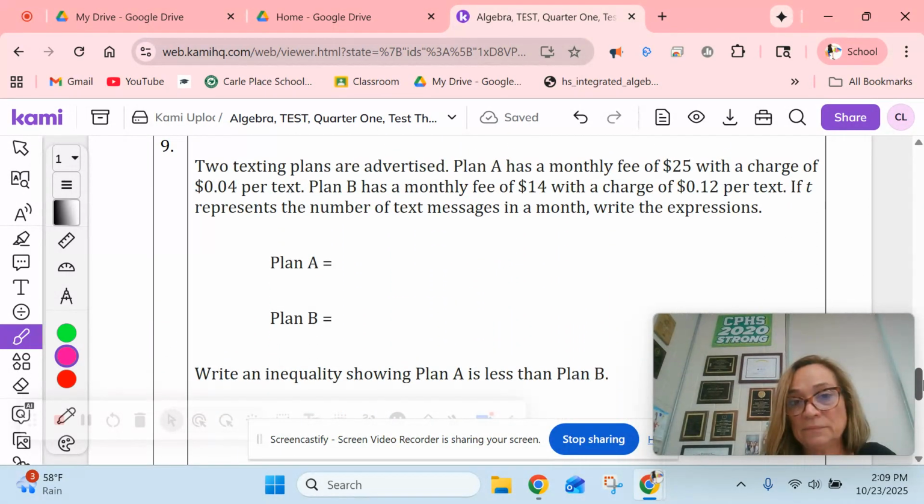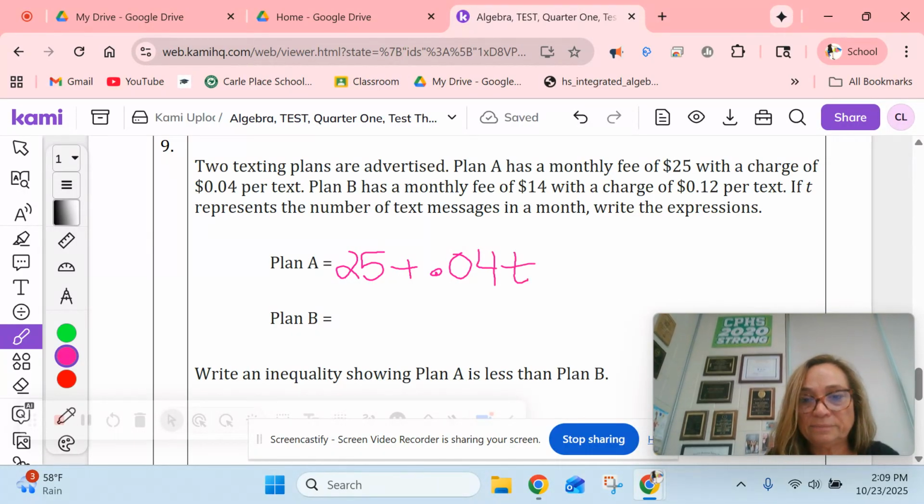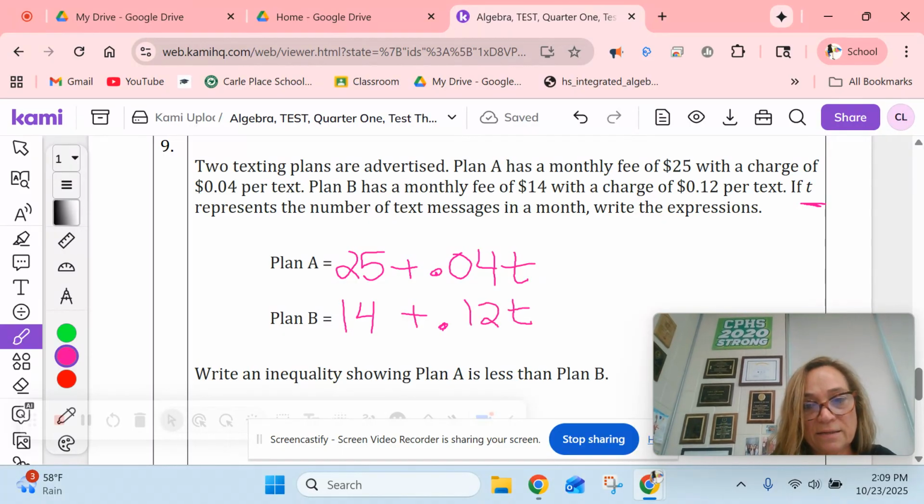They're equal. 2 texting plans. You guys probably don't even know how much your phones cost. 2 texting plans. Plan A, $25 a month plus 4 cents per text. T is text. See right here, T is text. And then the other one is $14 a month plus 12 cents per text.